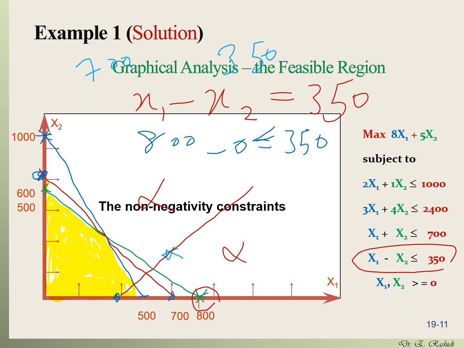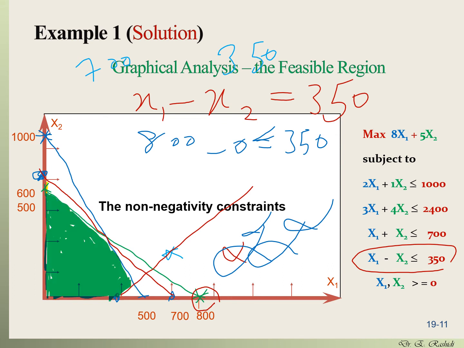So this means that this area is infeasible, and the feasible space is on the left. The only thing that is going to happen to our feasible space is that this yellow area has to go away. So our feasible space would be only, I'm going to paint it in another color, this green area.